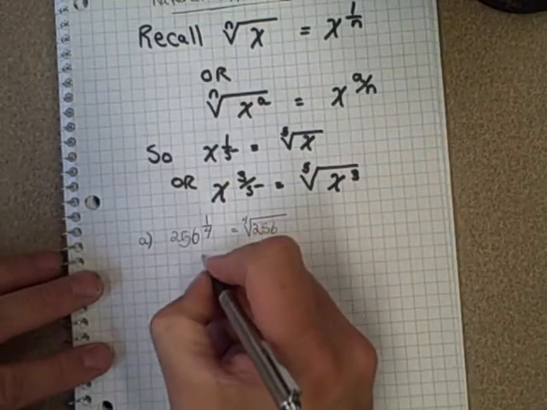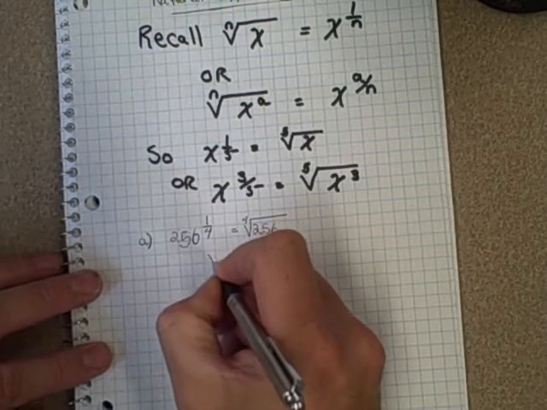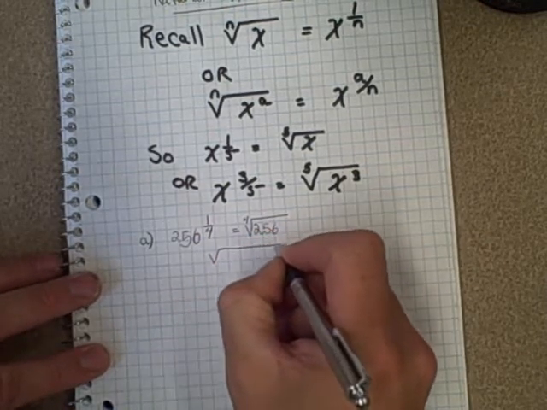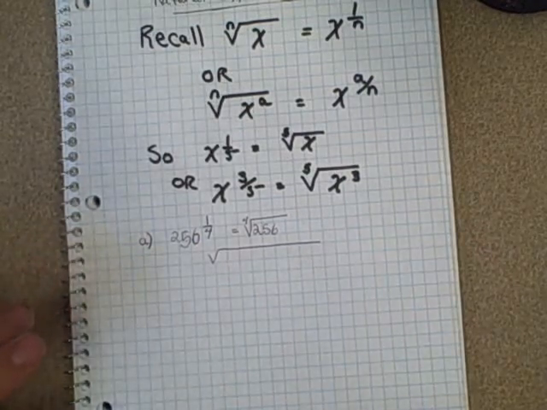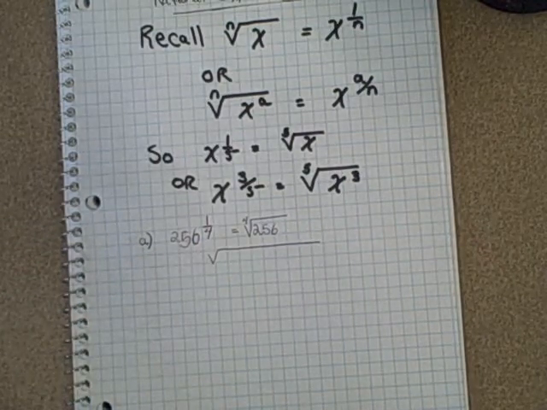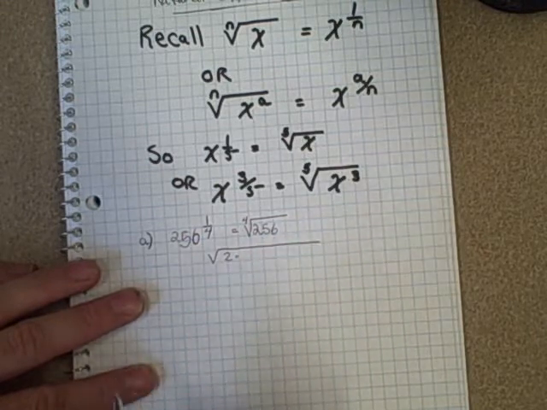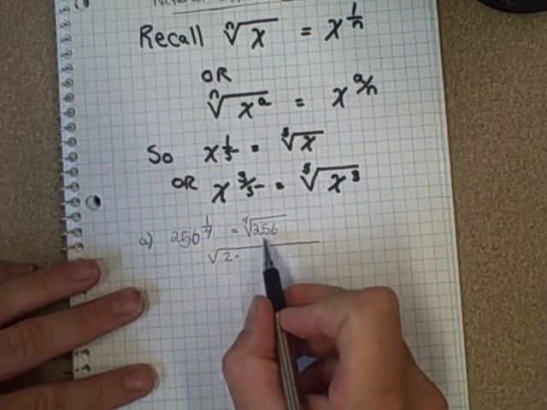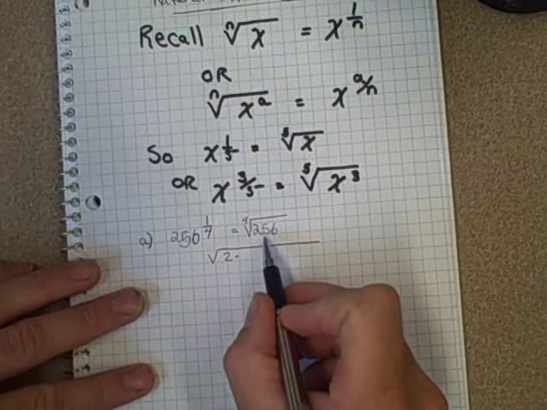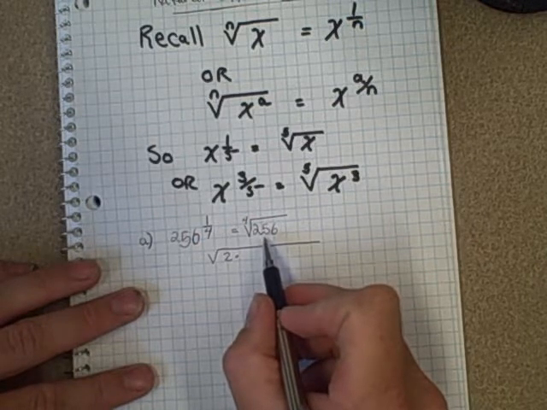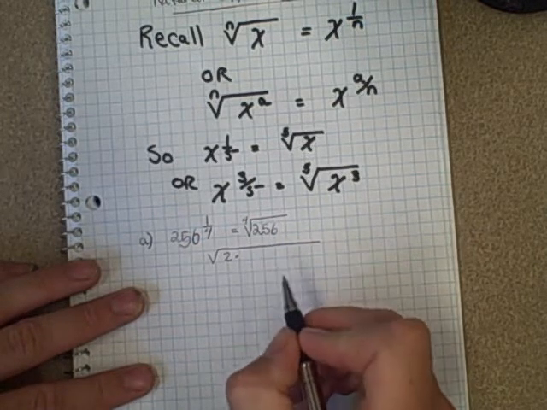So if we do the prime factors of 256, take 2 out of 256, and that would give us 128.